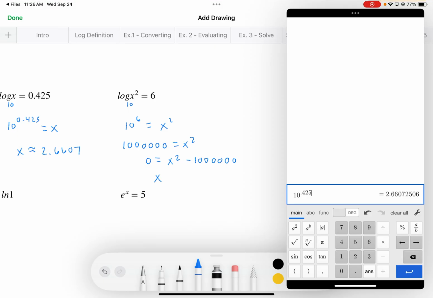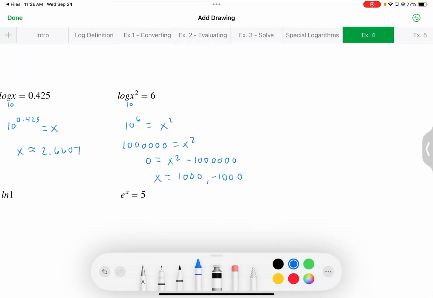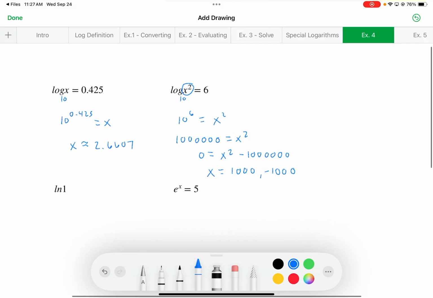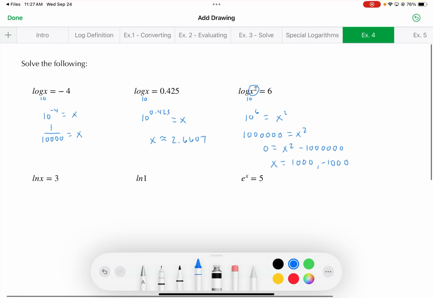And you're going to end up with two solutions here. It's going to be 1,000 or -1,000. Now, you might be tempted to say, oh, the negative has to be thrown out. But in this case, if you look at the original argument, it's x squared. X is allowed to be a negative in this case because it immediately gets squared and turns positive before you evaluate the logarithm. Okay? So I can keep both of those values.